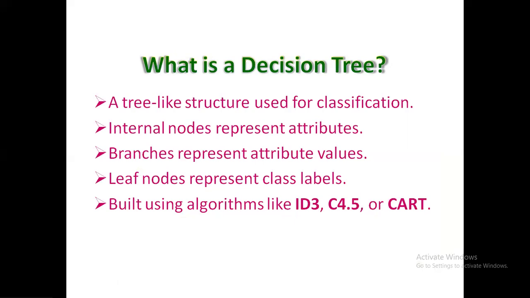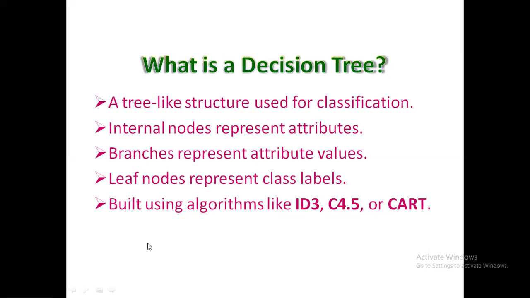This graphical representation makes it easy to understand the classification process. The second point is each internal node in a decision tree poses a question based on one of the dataset's features. For instance, a node may test whether the age of a customer is youth or senior. The outcome of this test determines the next step in the decision making path.